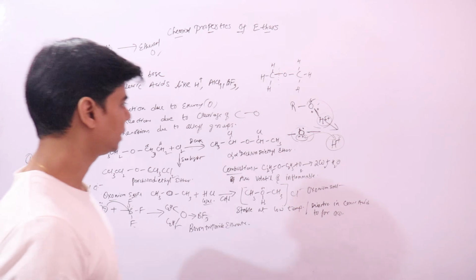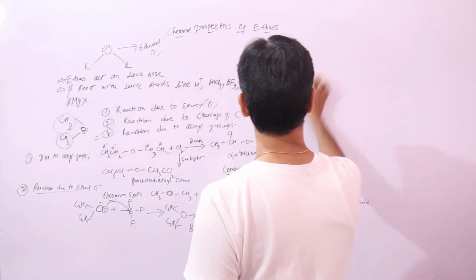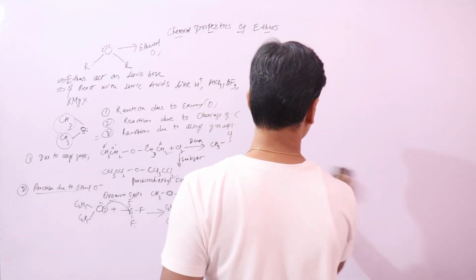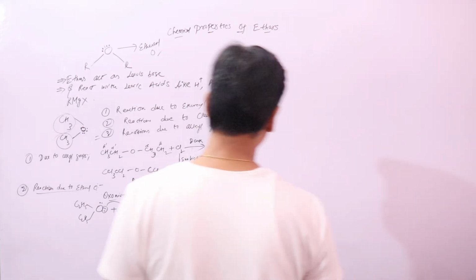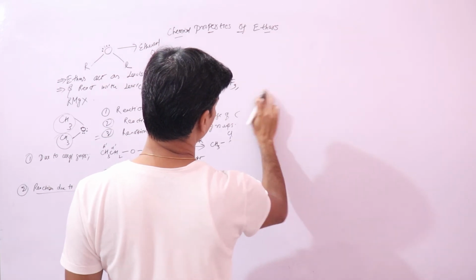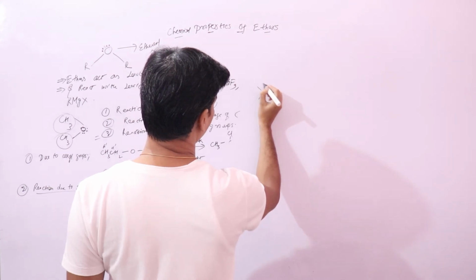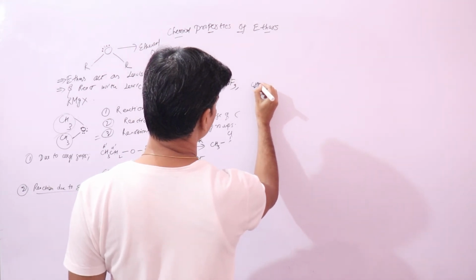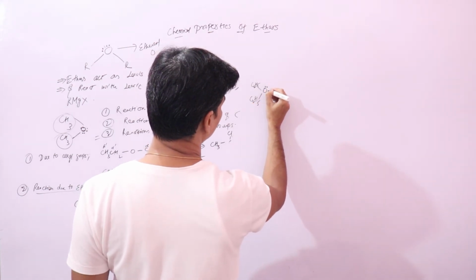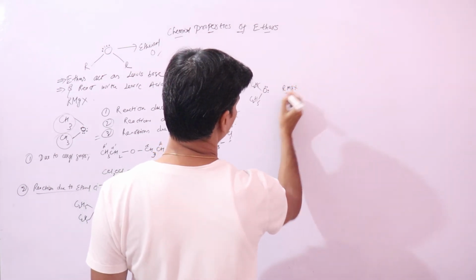Now if you want to look at the other reaction, with Grignard reagent, it's like this: C2H5, C2H5. It will react with RMgX.